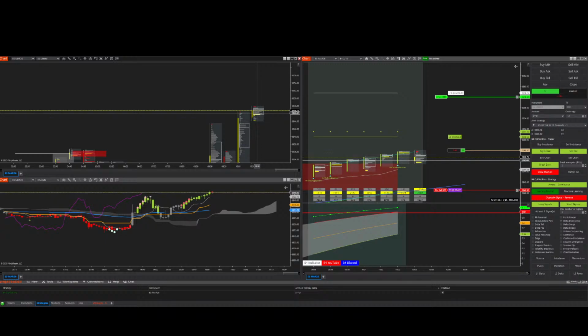Like I said before I took this trade, this is a very extended trade. It's not as advisable to take a trade this extended.